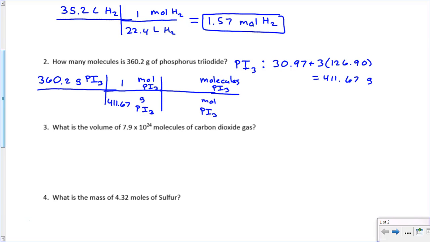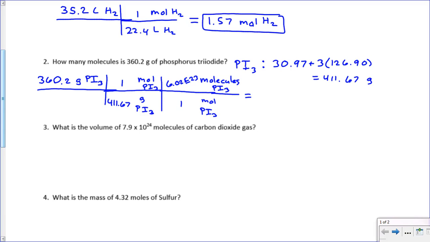Then we need to go from moles to molecules. The conversion factor there is 6.02 times 10 to the 23rd molecules in 1 mole. If we go through here, we've got 4 sig figs in the mass.